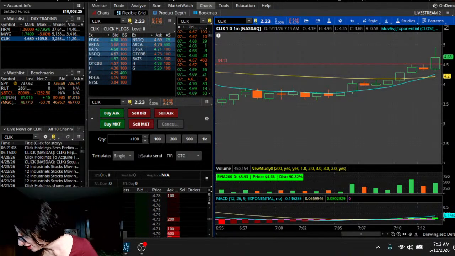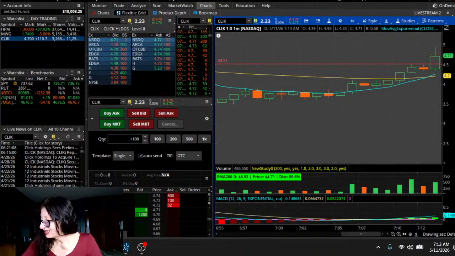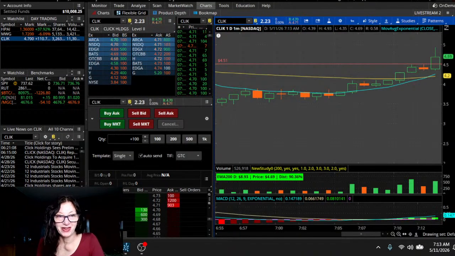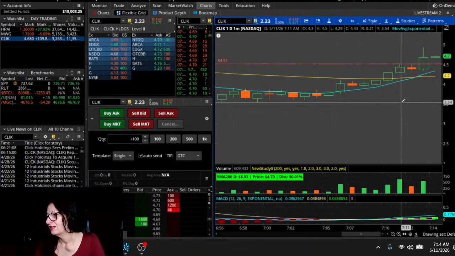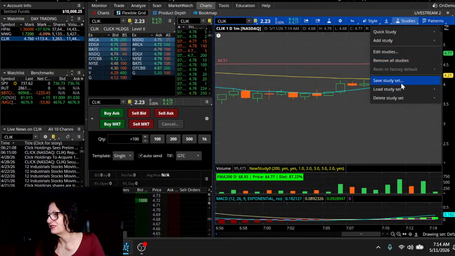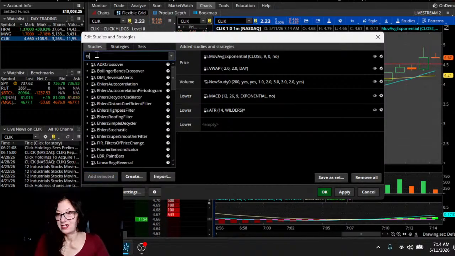You use ATR 10 for stops. Okay. Yeah, I definitely, like I had it on my chart for a while, but I didn't have a chance to really get used to it. Let's put it back on, because I don't like the stopping tail anyway. So studies, edit studies. Let's see, we'll put ATR and RSI.